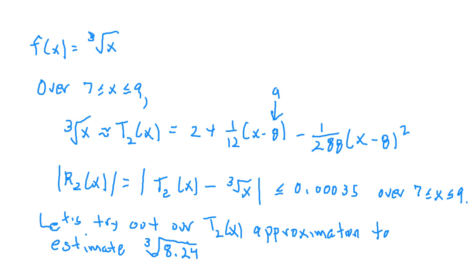Now, 8.24 is between 7 and 9. So the error, when we use the Taylor polynomial approximation to estimate the cube root of 8.24, should be pretty small. So how would we use the approximation? Well, let me show you.